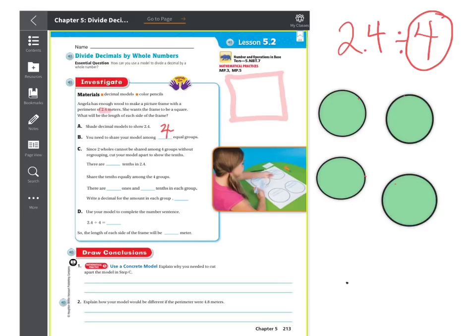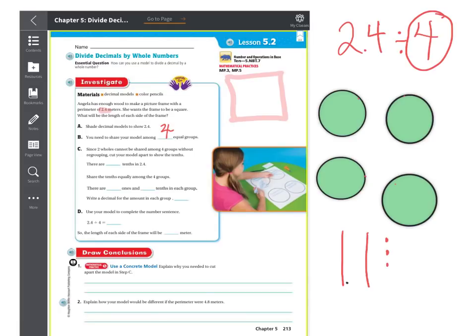Okay, so let's draw 2.4. So 2.4 would be 1, 2. Okay, and then 0.4 would be 1, 2, 3. Actually, never mind.